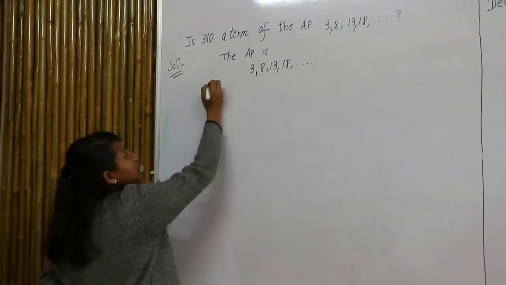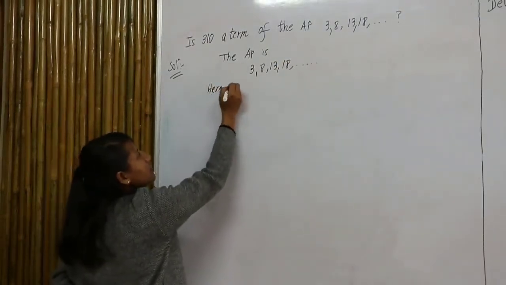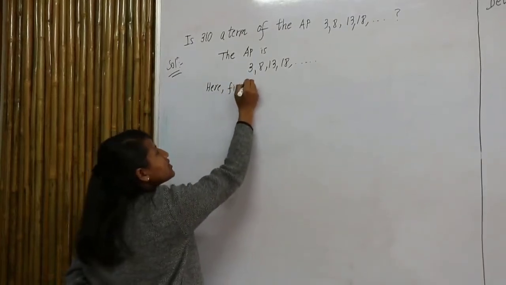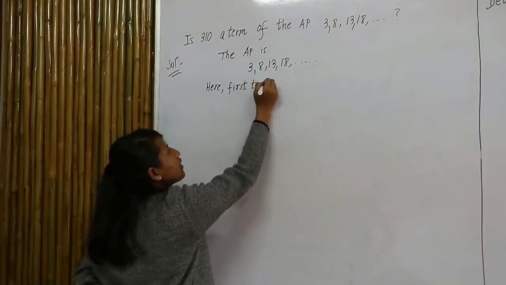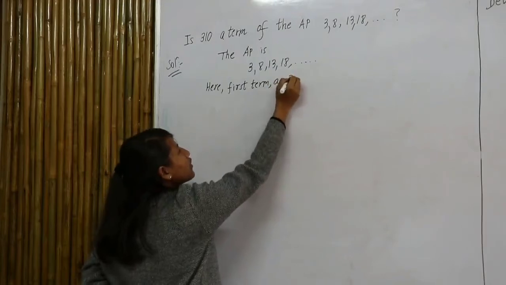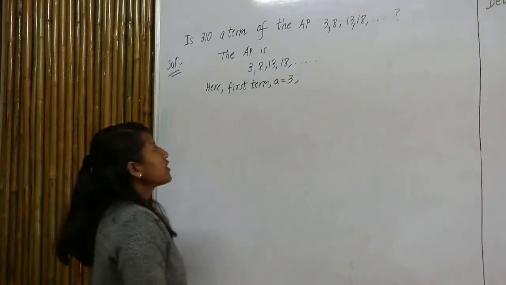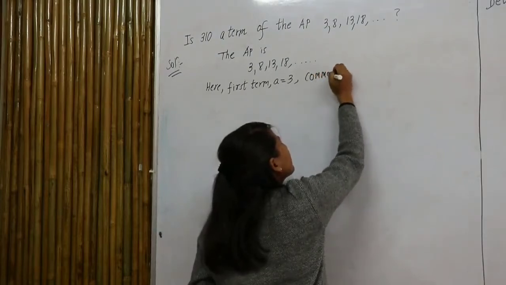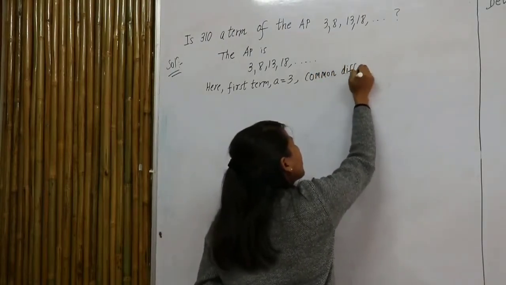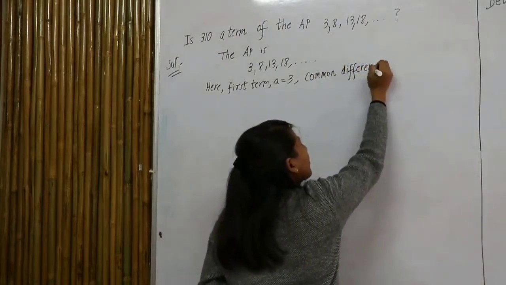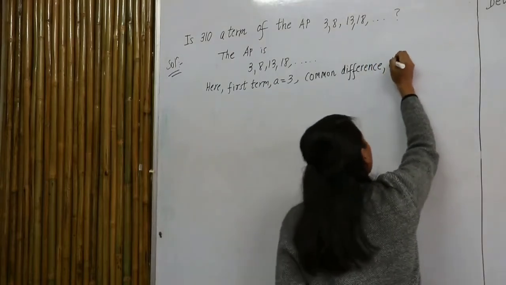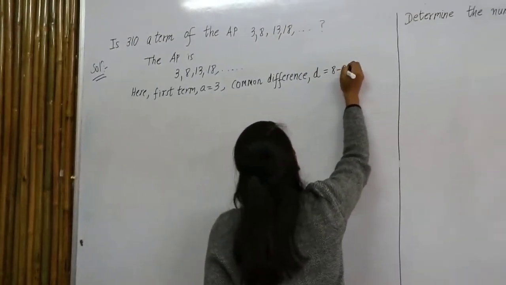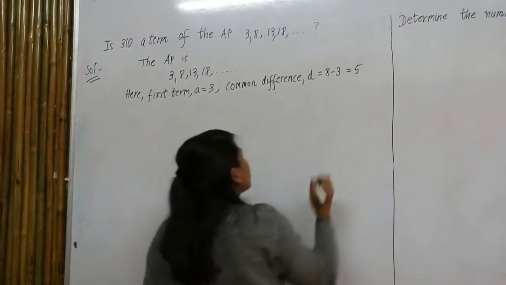Then you write the first term, which is 3, and the common difference, 8 minus 3, which is 5.